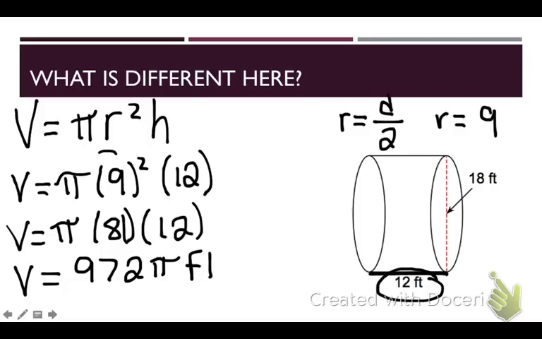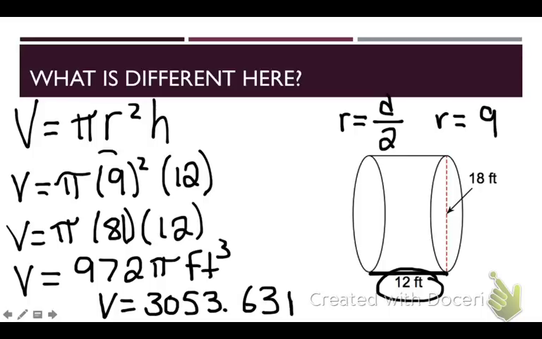If it was miles or inches, it would still be cubed. And then V equals, so multiply that answer by pi, 3,053.63 when I round, feet cubed. And again, I have my two answers in terms of pi and as a whole number rounded out.